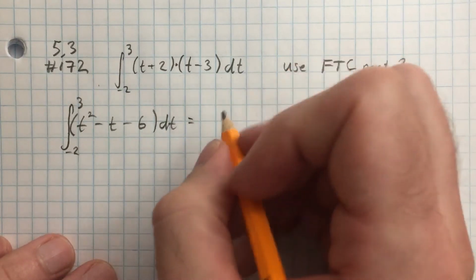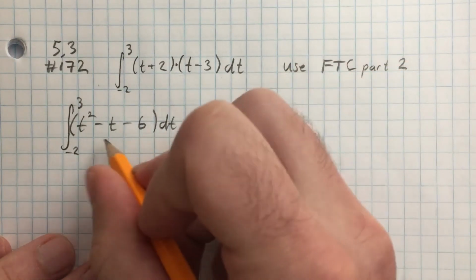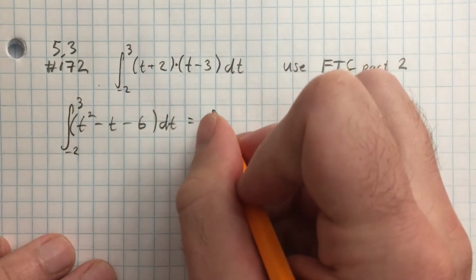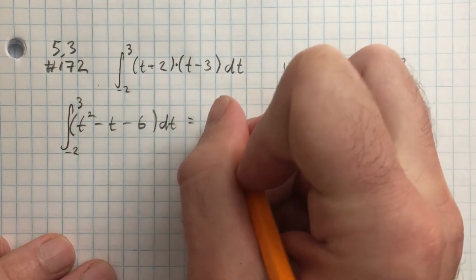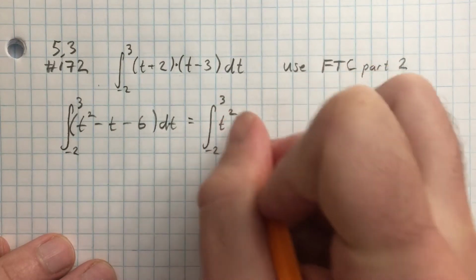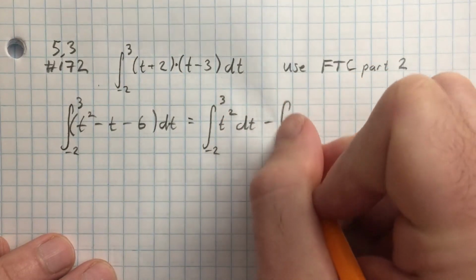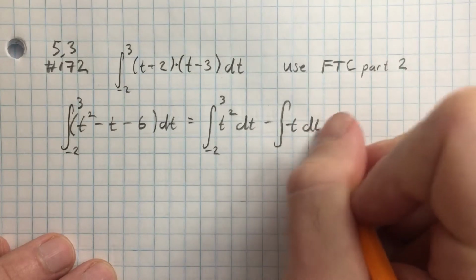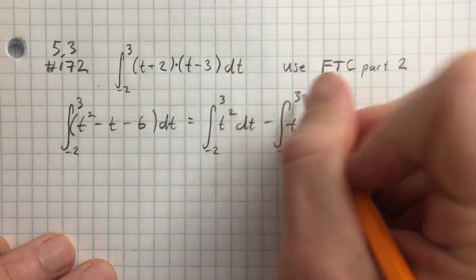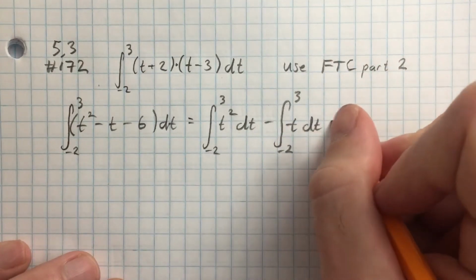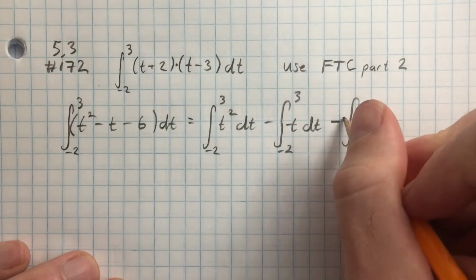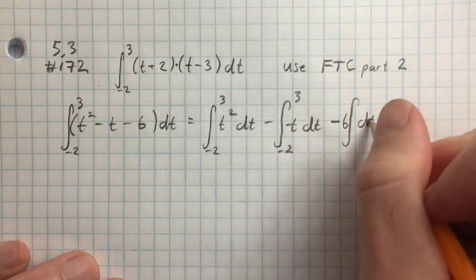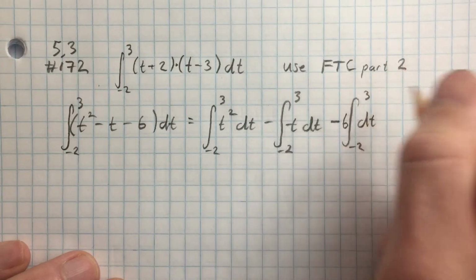Now we can apply the integral symbol to each of these separately. I'm going to do that one more time for this problem, and then I'm going to probably stop writing it out so fully because it will become burdensome. So the integral from -2 to 3 of t squared dt minus integral of t itself, -2 to 3, and then minus 6, which I can pull to the outside, dt, -2 to 3.